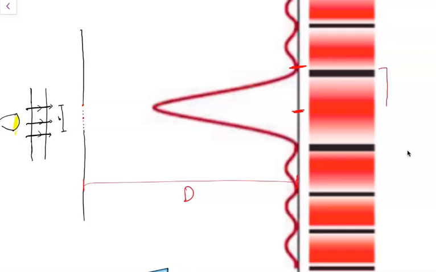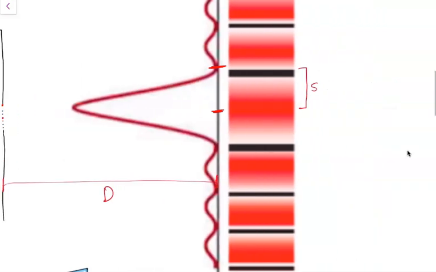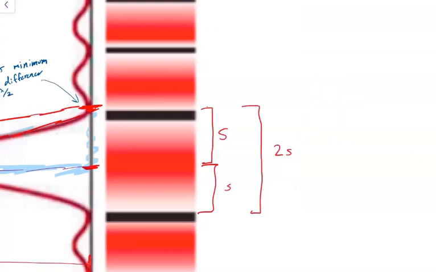So that means that half of the central maximum has some distance s. We're still using s, and that's where the confusion could be. Something to note right there is that the distance on the opposite side of the maximum is also s. So the distance of the central maximum is 2s. I'm also cutting in right here to say that the distance between the central max and the first minimum is s.